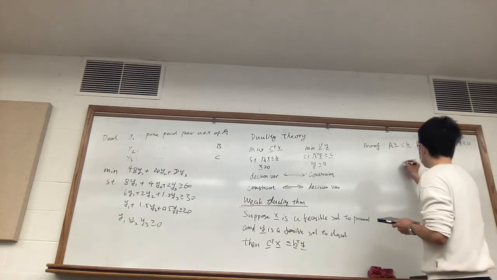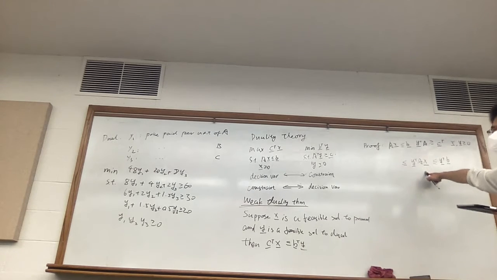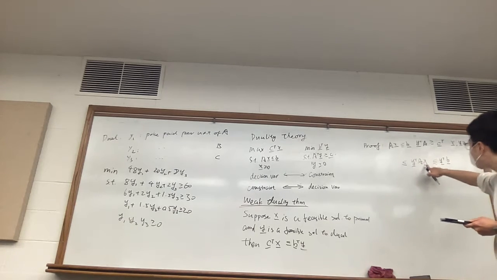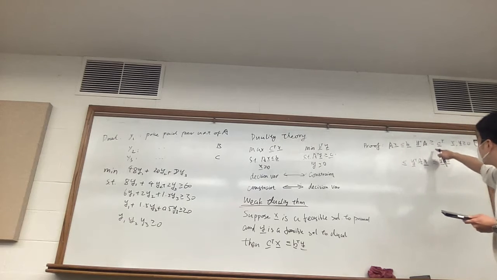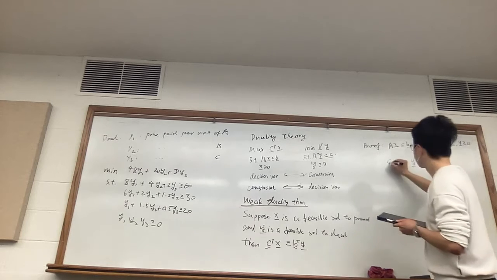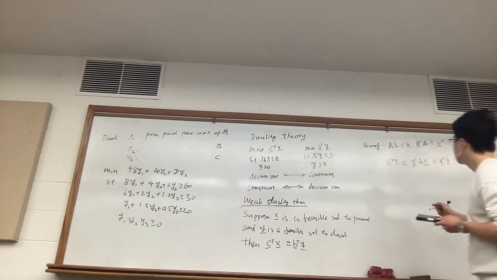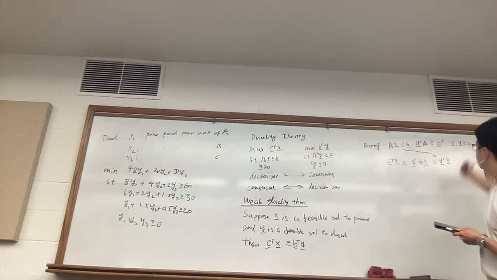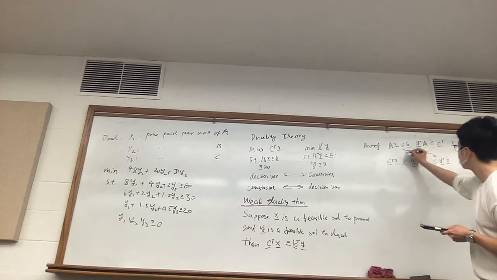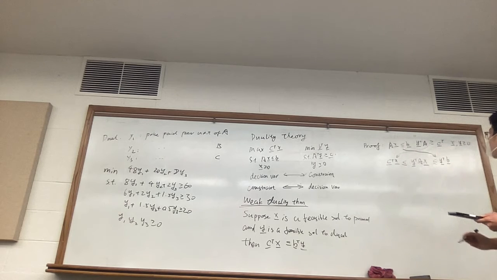And also, if we think of this Y transpose AX in this way, we multiply X to Y transpose A, then it must be greater than or equal to C transpose X, right? Because X is non-negative. So this inequality leads to this one, and this inequality leads to this one. And these are both based on X and Y being non-negative.